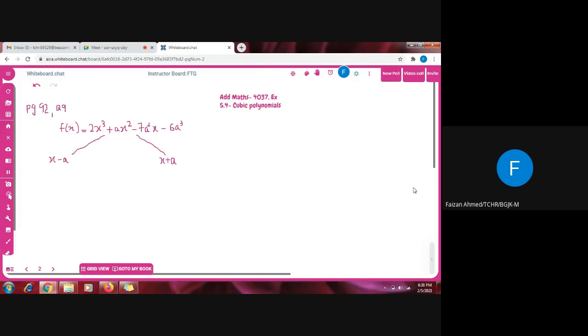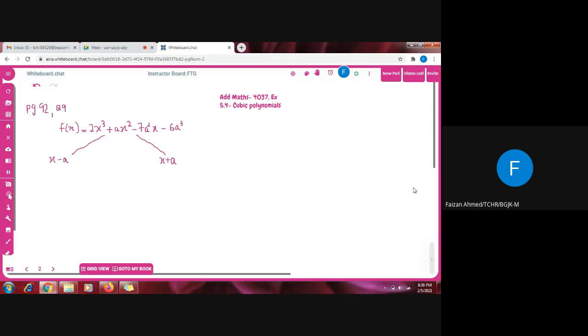I have written the question. The question is, I have f of x equals 2x cube plus ax square minus 7a square x minus 6a cube. This is the given polynomial. And the question is asking us two things. The first thing is that the question has given us two divisors, x minus a and x plus a, and it is asking whether x minus a or x plus a is a factor of this polynomial or not.